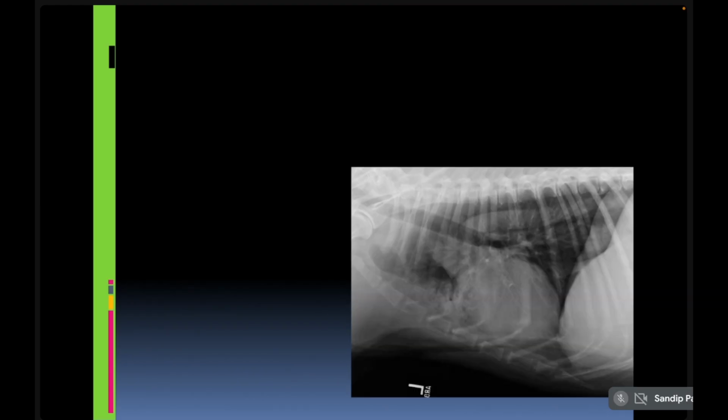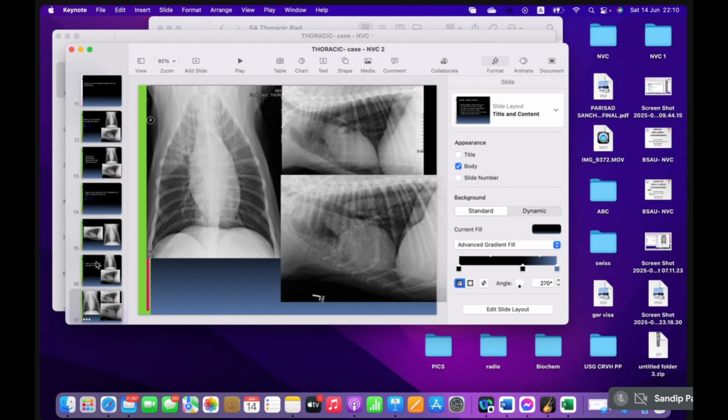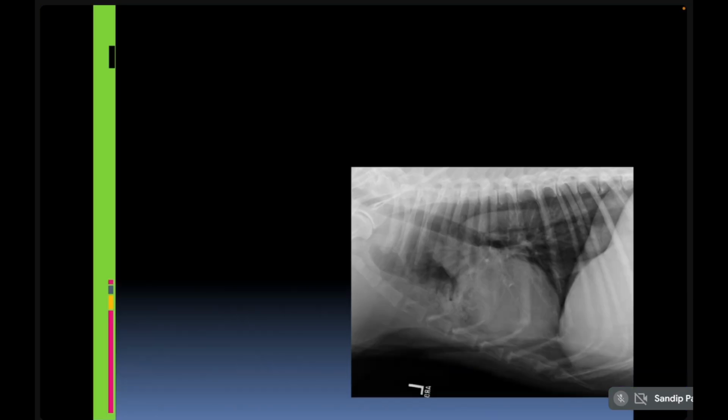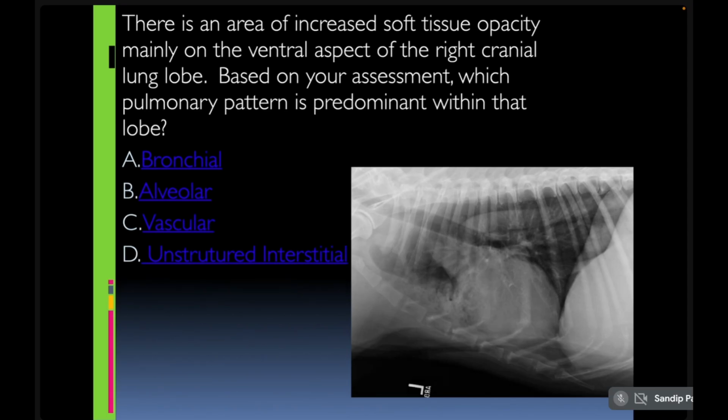So now let's see this image. Here, unfortunately, I don't have that pointer. Here you see this lateral. So there is an increased soft tissue opacity. Now I'm not saying bronchial, interstitial, vascular or anything.